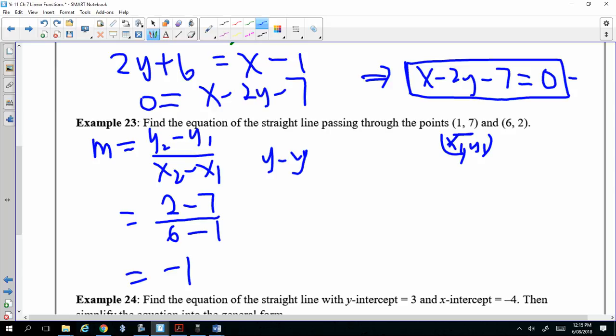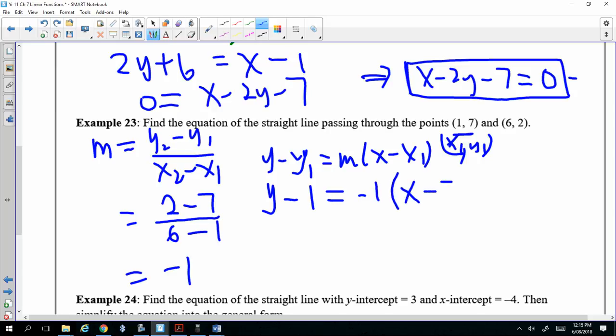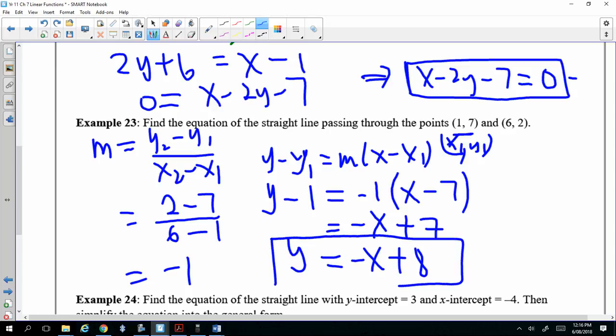Y minus 1 equal to the gradient times x minus 7. This time I'm going to make y the subject because there's no fraction. Expand the -1, make y the subject, so y will be -x plus 8. Any question? In this case, I put it in the form y equal to mx plus b.